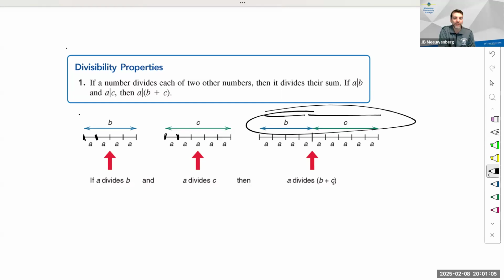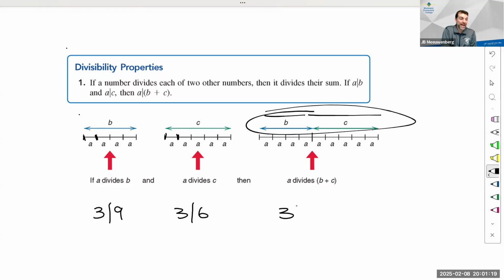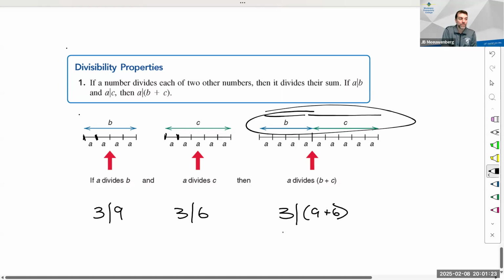A will also divide B plus C. For example, 3 divides 9 and 3 also divides 6. So 3 would have to divide 9 plus 6. 3 would be able to divide 15.